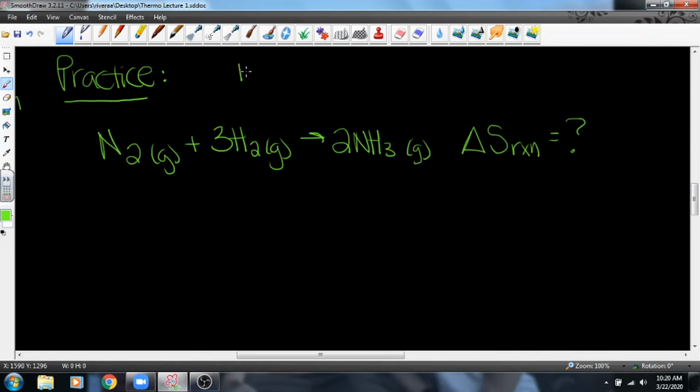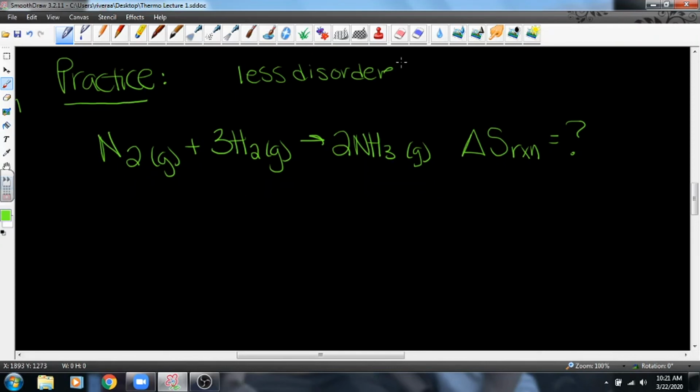We would say that this is becoming less disordered, which in my words is more ordered. And that should be a negative delta S. So we can use that to check ourselves to see if in fact we do get a negative value here.